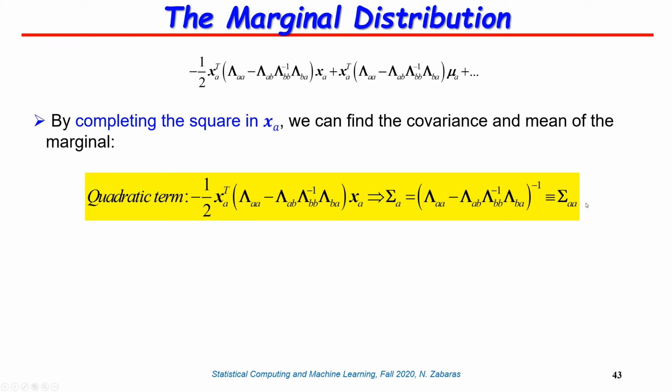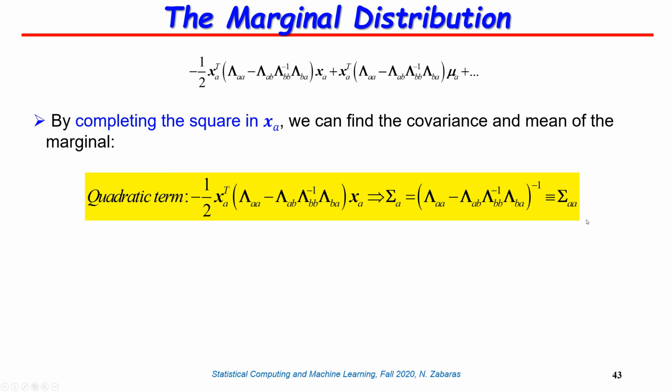And actually from the previous formulas, if you check the relation between the lambdas and the sigmas, it comes out that the covariance matrix for the marginal, that's why there's only one index A, is the inverse of this. And if you go back a few slides, this inverse in terms of all of these lambdas is nothing else but the sigma AA component of the covariance matrix of the joint distribution.